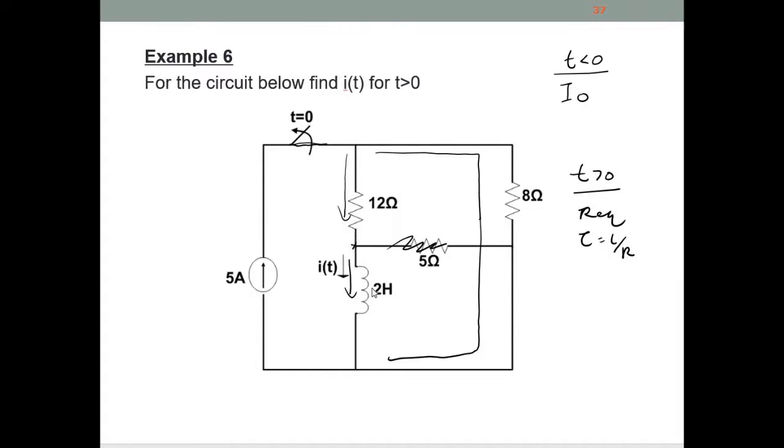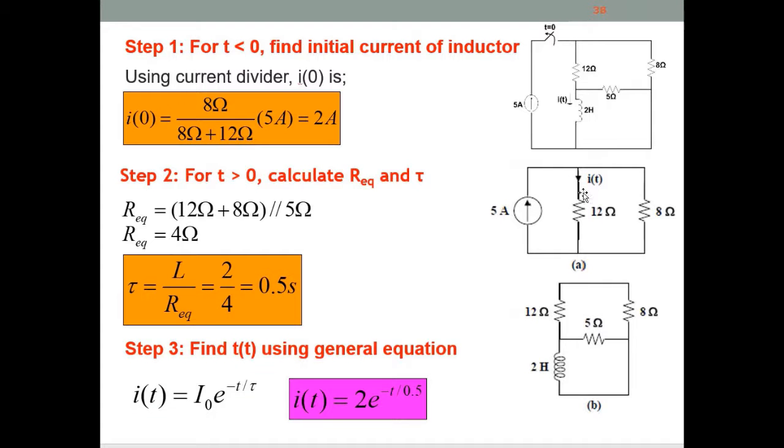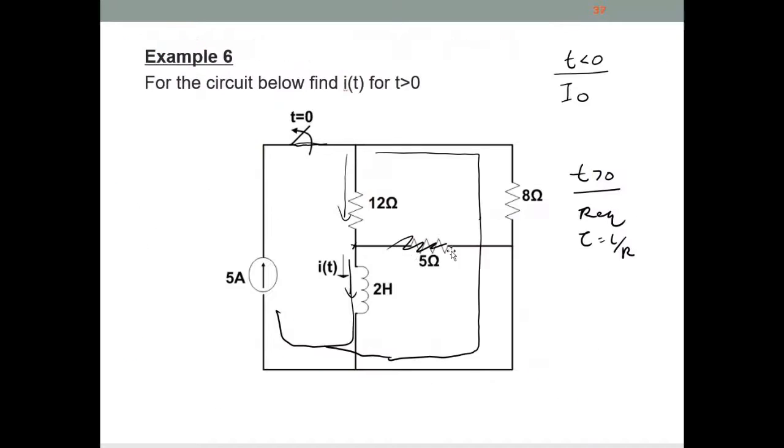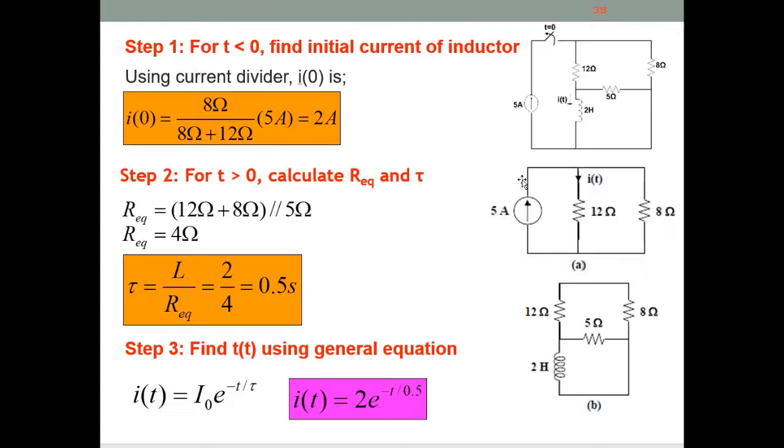There is an obstacle here, depicted here. The 5 ohm is already not seen, so only 12 and 8 ohm. This is considered short circuit when t less than 0. So this is t less than 0.